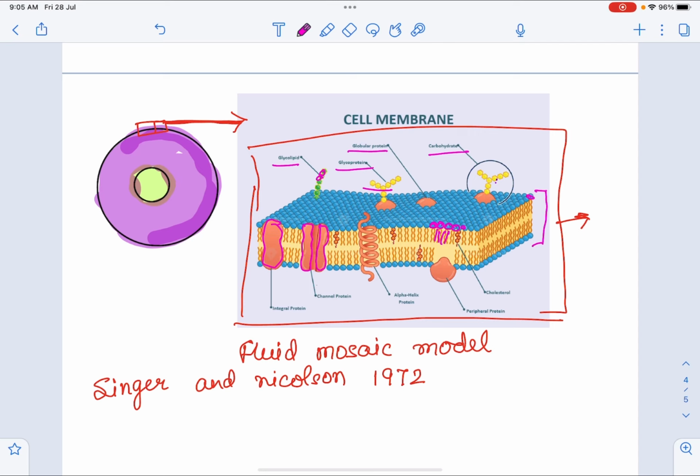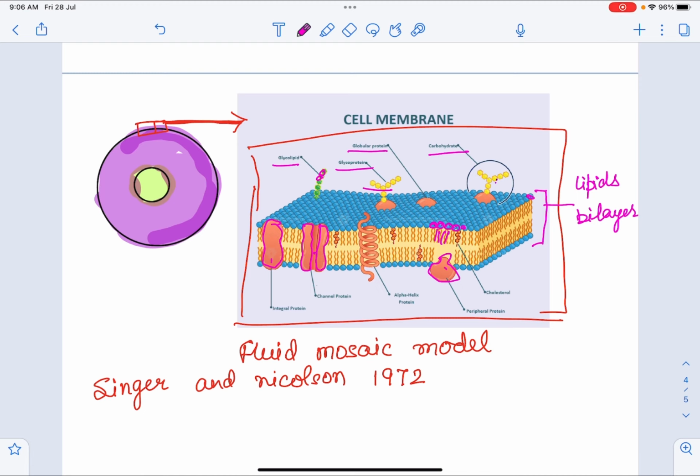This is called the lipid bilayer. This phospholipid bilayer is the fluid portion of the membrane, and the proteins are embedded in the membrane.